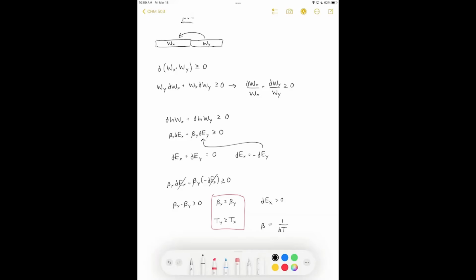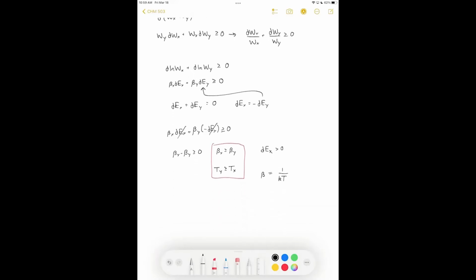A common unit for Boltzmann's constant, especially as we will be using it in statistical thermodynamics, is in units of inverse centimeters rather than joules per Kelvin. And so if we do this, our Boltzmann's constant is equal to 0.69503423 inverse centimeters per Kelvin. And if we multiply this by room temperature, 298.15 Kelvin, we get approximately 207 inverse centimeters.